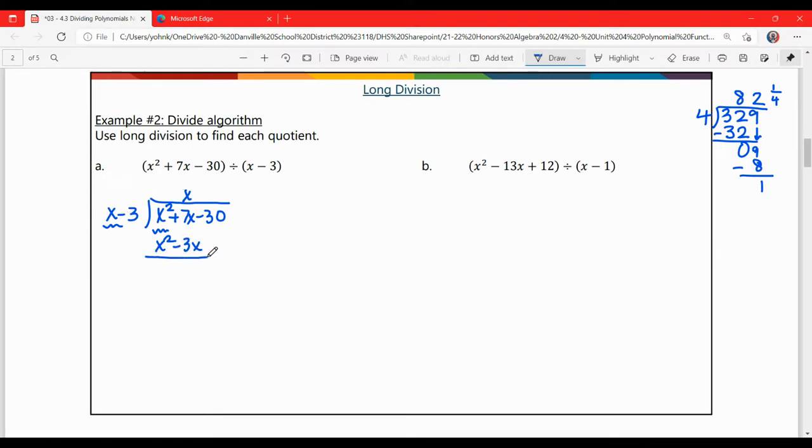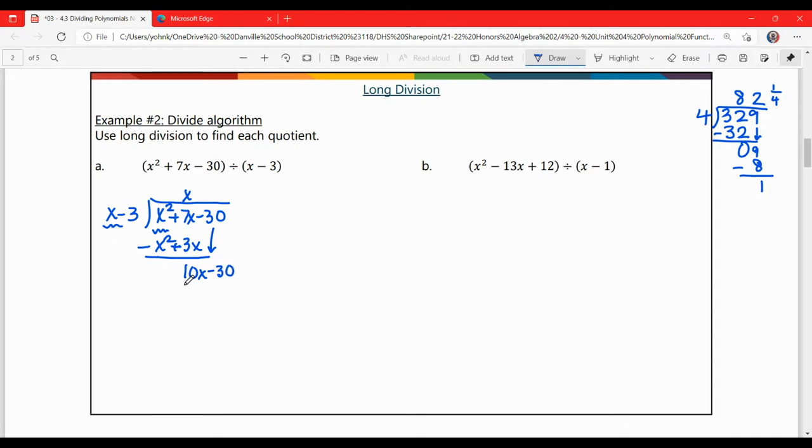Then I'm going to draw my line, and I'm going to change my signs or subtract. And when I subtract, I'm going to distribute. Now I'm going to add these together to get 0, and I'm going to do 7x plus 3x is 10x. And then I bring down the -30.